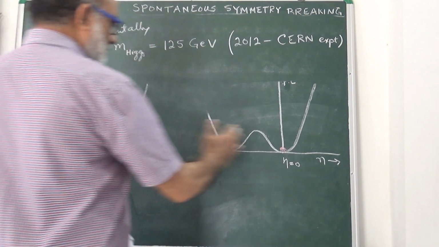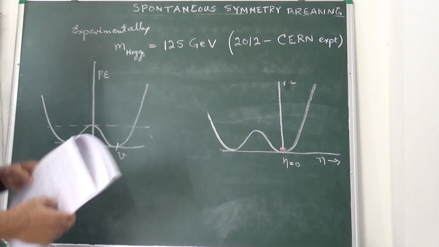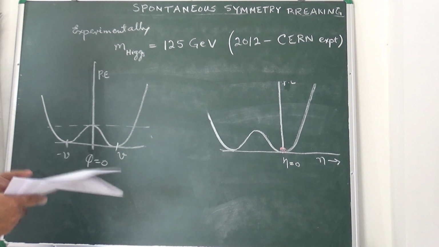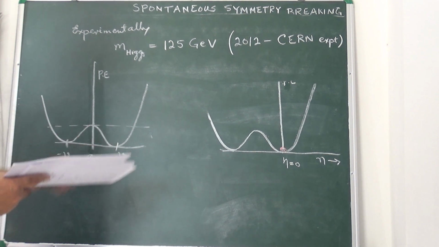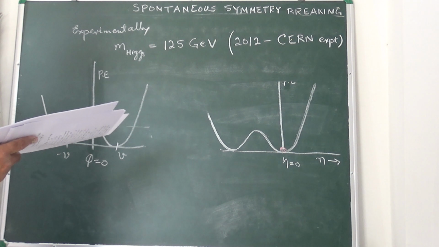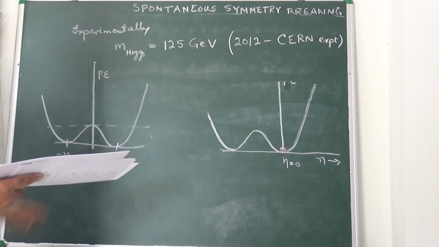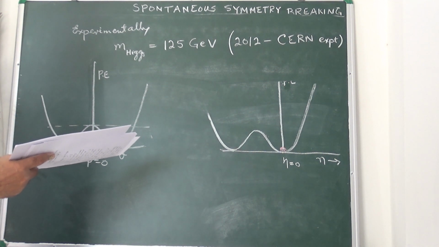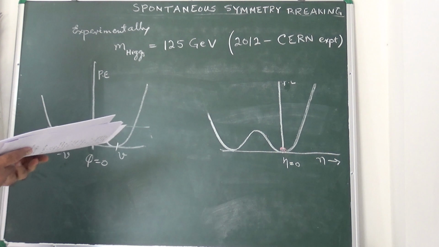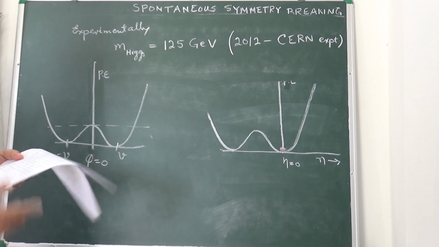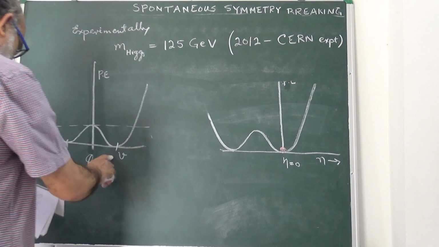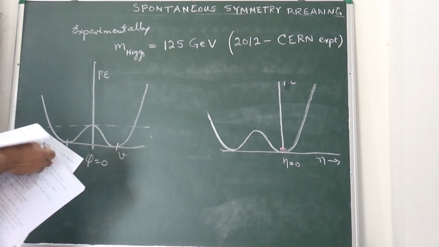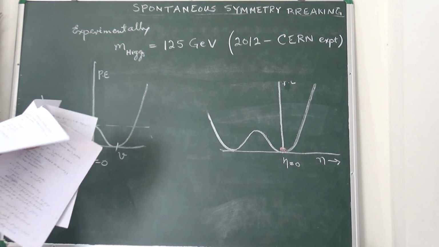Merely shifting the reference will not change the physics, and still we have the two values of the phi field, plus and minus. So we have two values which correspond to the minimum values. In the language of physics, this is called degeneracy. The field could equally settle to the value of plus v or minus v. There is no preference between plus v and minus v.